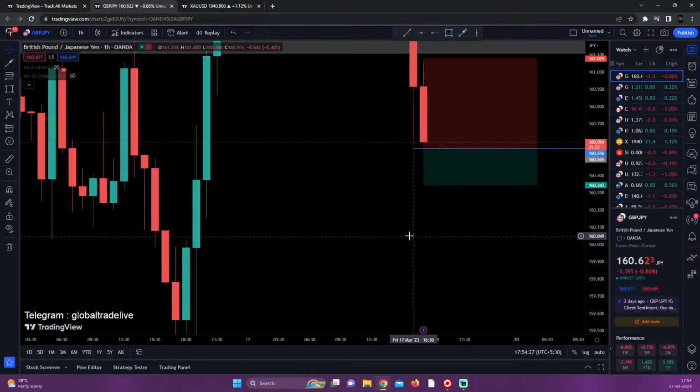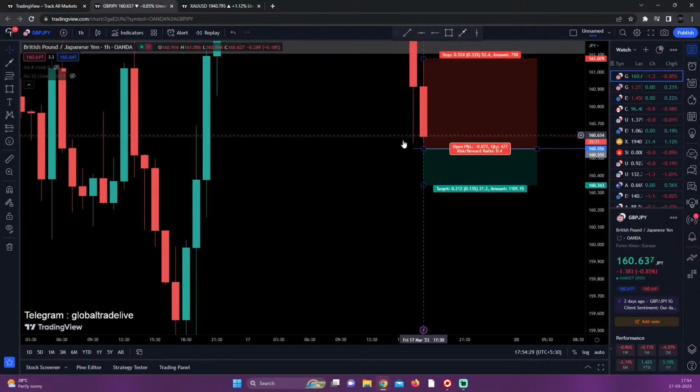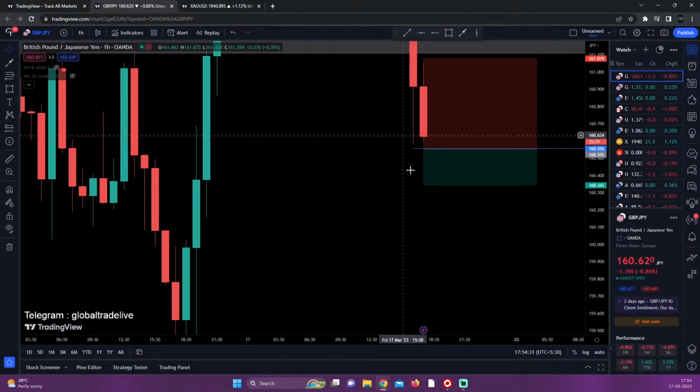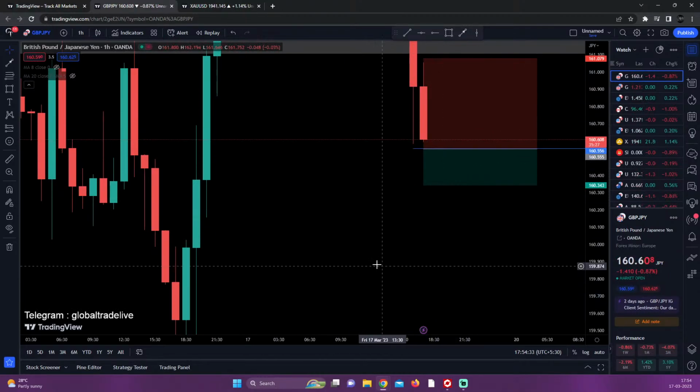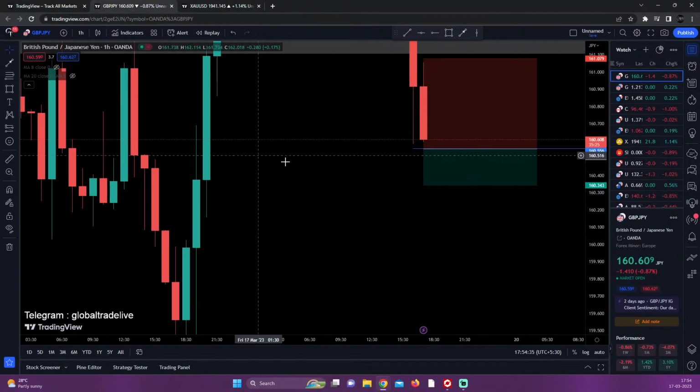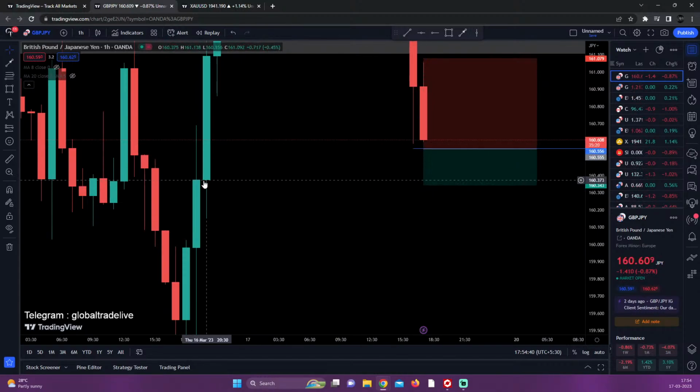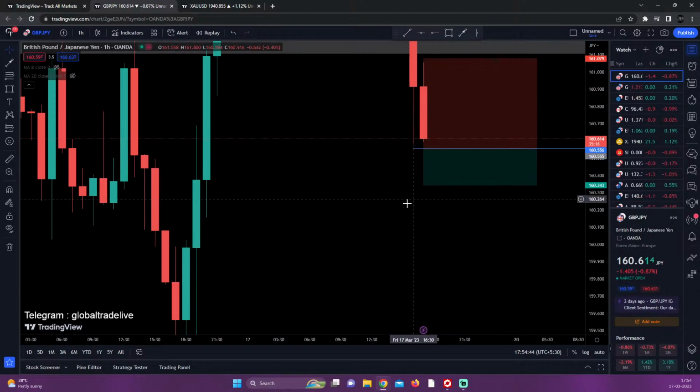So this could be a risky one, but by looking at the market structure, we might have a straight move downside, because the market can easily come down in this area. After that, it might have some issues over here.